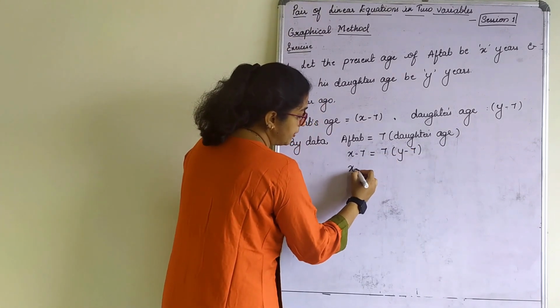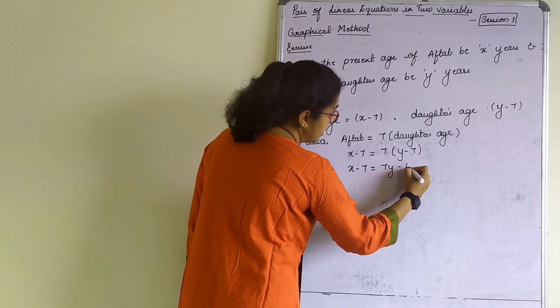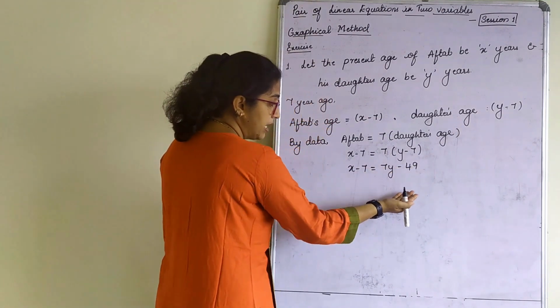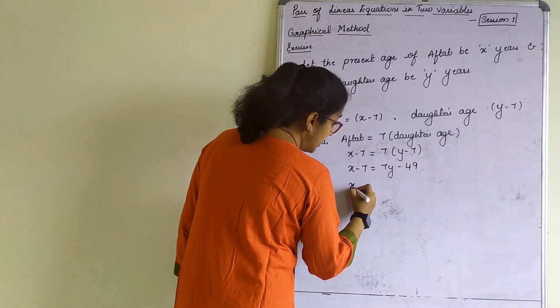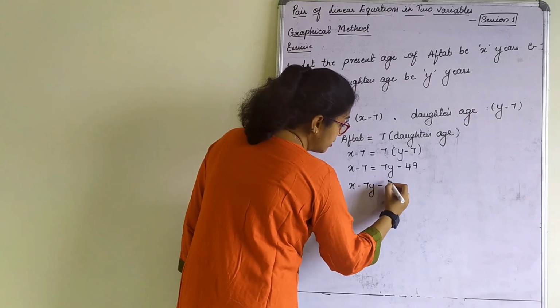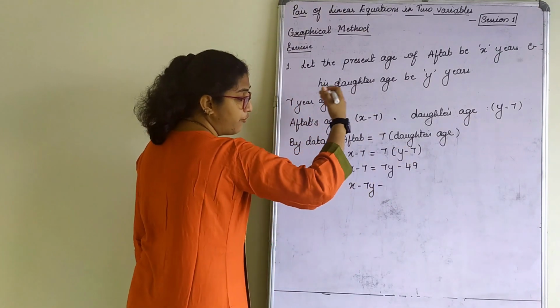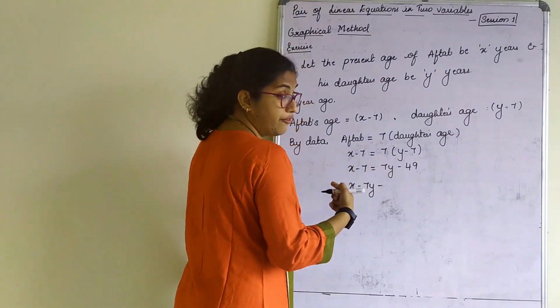So let's simplify. X minus 7 is equal to 7y minus 49. Let us transpose everything to this side. So this will be x minus 7y. So minus 49 will come this side, so this will be plus 49.